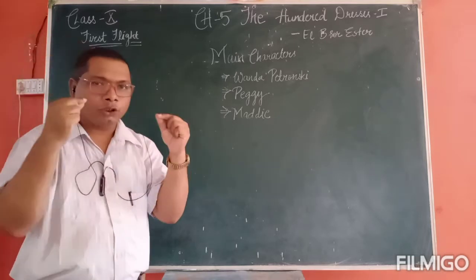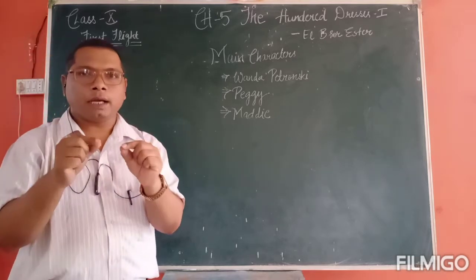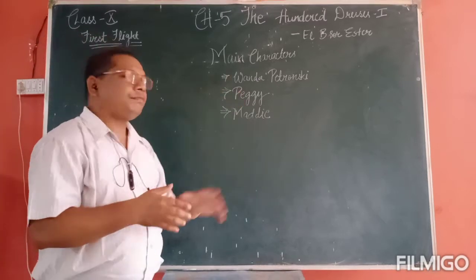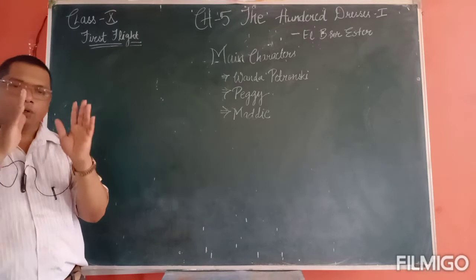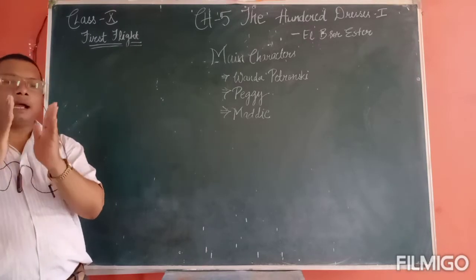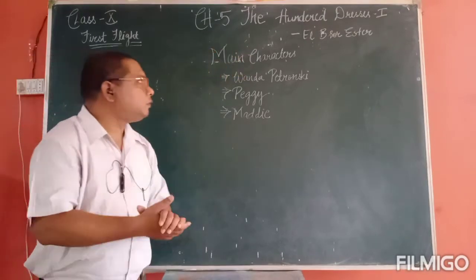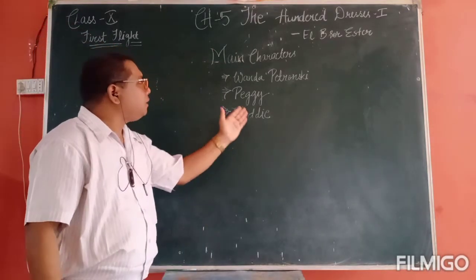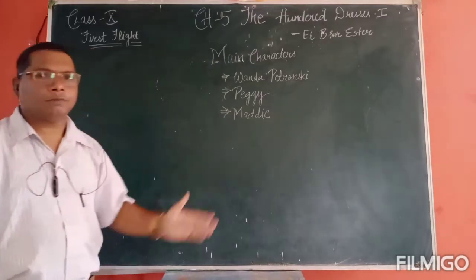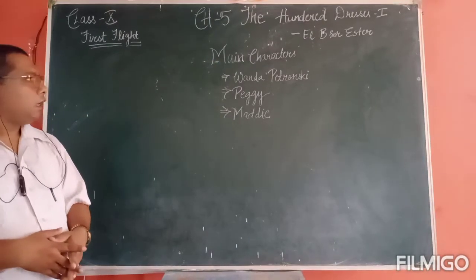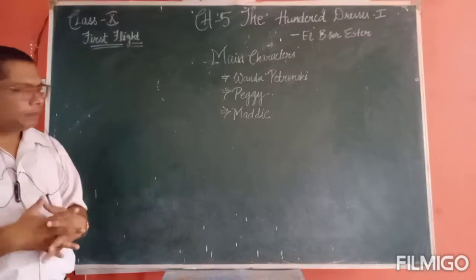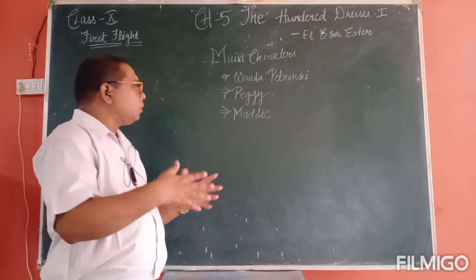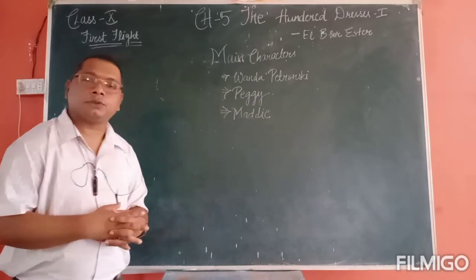She remembered that story and put it in her writing, naming the girl Wanda Petronski. So this is a true story. Today I will tell you the major characters of this chapter. We can discuss a little bit of the summary, then we will go to the main characters of the story.